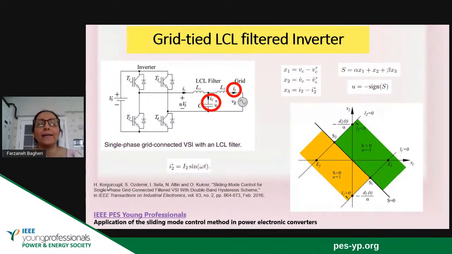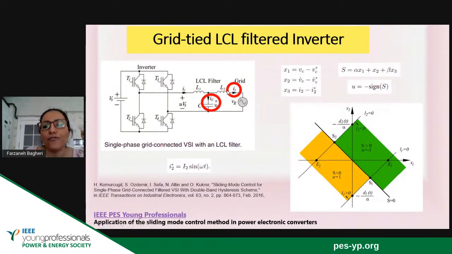In an LCL filter, you know that the most important problem is the resonance that is happening between inductors and the capacitor. So when we want to design the controller method, we should consider our target, and also we should consider the resonance damping. So what is the target? The target is to tune the capacitor voltage and tune the grid current that I have shown with red circles.